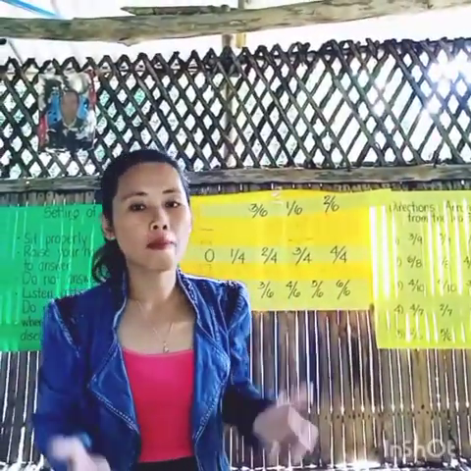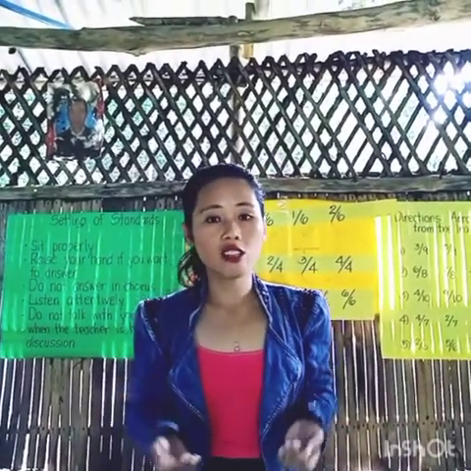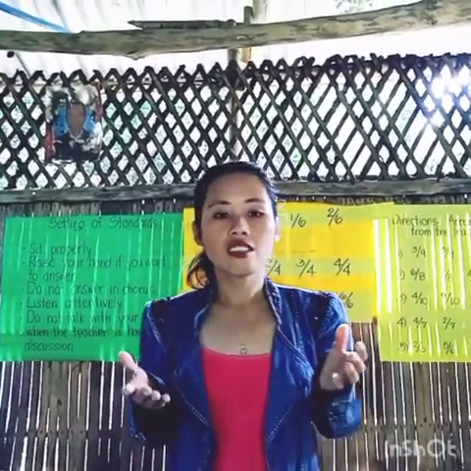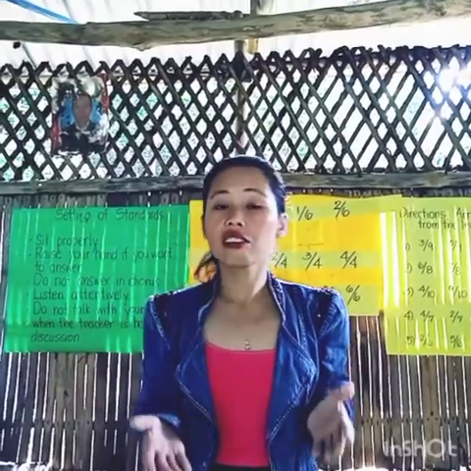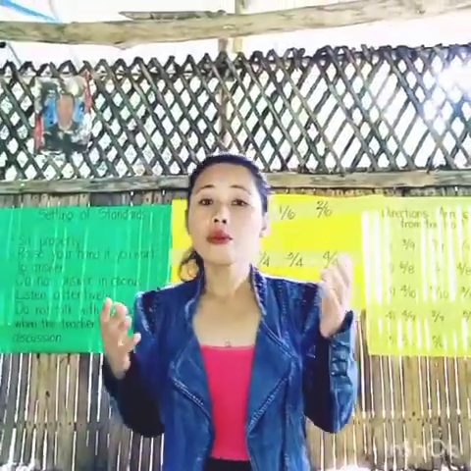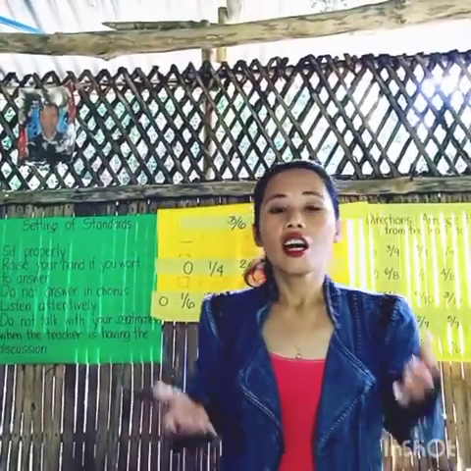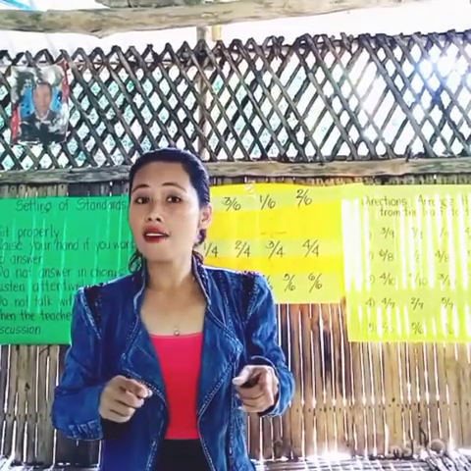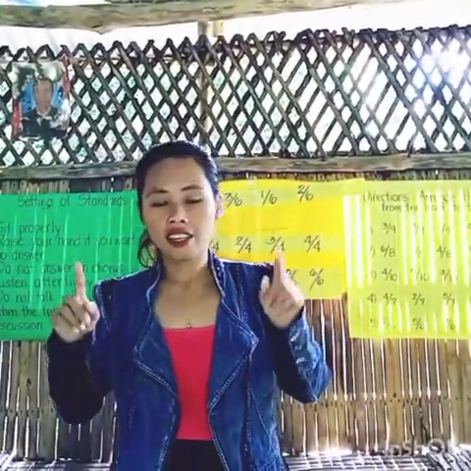Knowing how to compare 2 similar fractions can help us arrange 3 or more similar fractions, either in increasing or decreasing order. When we say increasing order, it means arranging fractions from the least to the greatest.